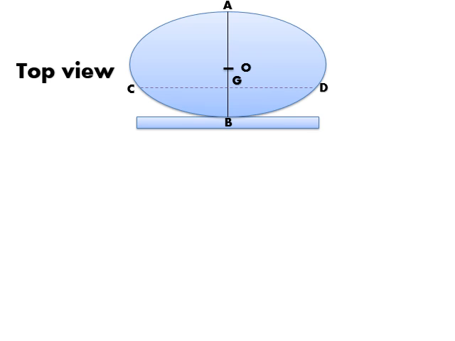CD is one chord that we have drawn on the plano-convex lens, and G is the point connecting the AB and CD chords. We have taken two normals, one from D to F on the glass plate, and the other is CE on the glass plate. Capital R is the radius of the plano-convex lens, and small r is the distance between the points B and F.